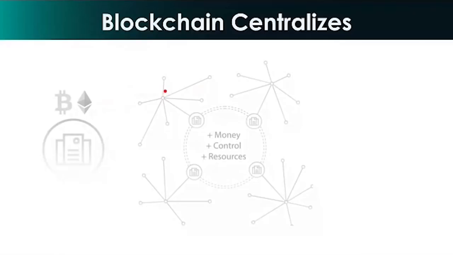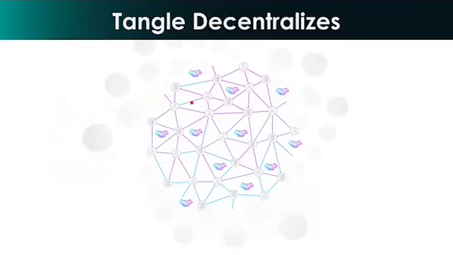So now that we've gone through these three main problems, we can delve a little bit deeper into some of the unique aspects of the IOTA Tangle. Again, talking about centralization versus decentralization, if you look at the Tangle architecture, because every single transaction references two previous transactions, that means that every single node in the network is an equal participant.